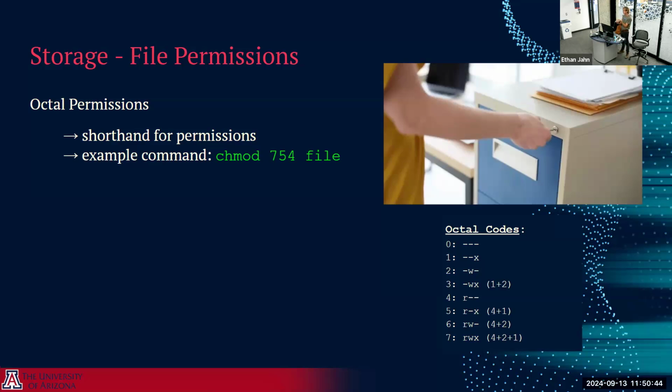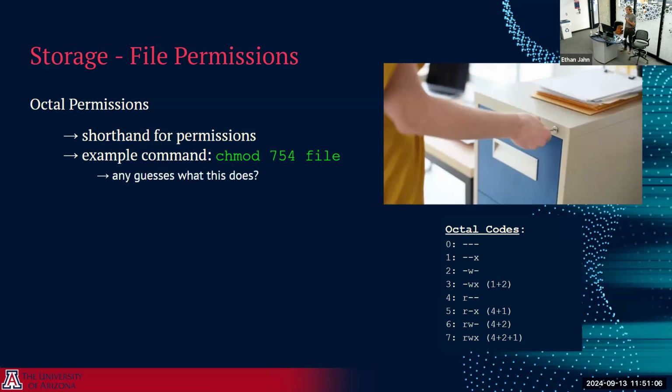The second category of user was group members, and the third category was others. So it's always in that same order. In this case, 7 refers to the permissions for the owner, 5 refers to the permissions for the group, and 4 refers to the permissions for all other users for this particular file.